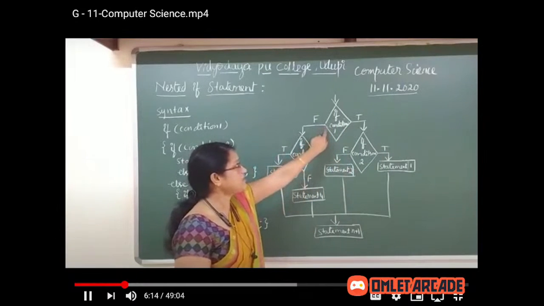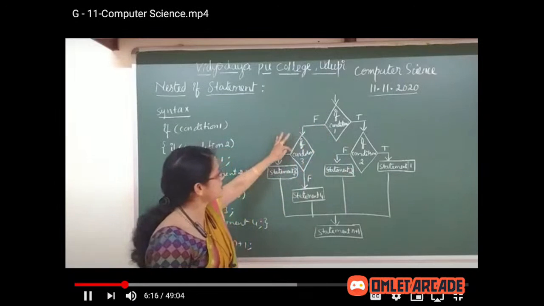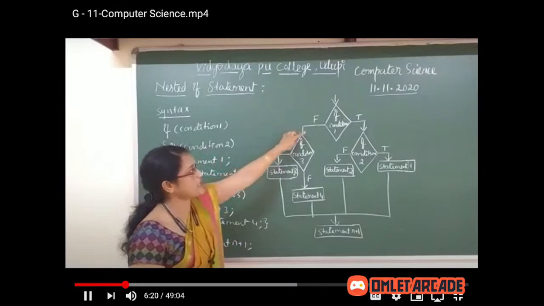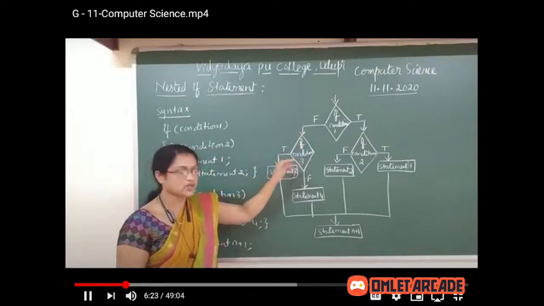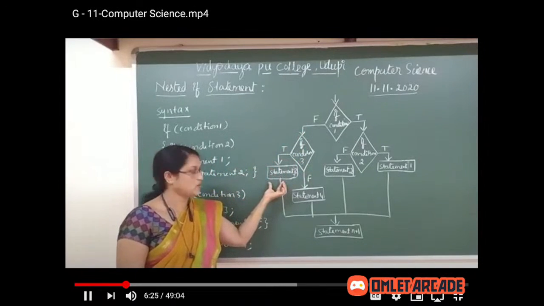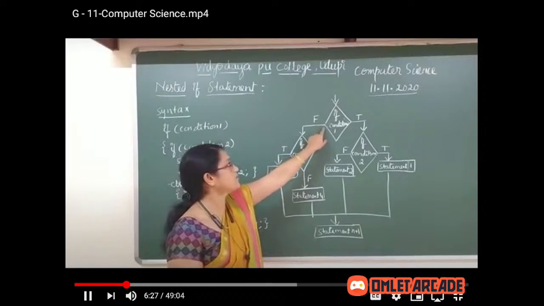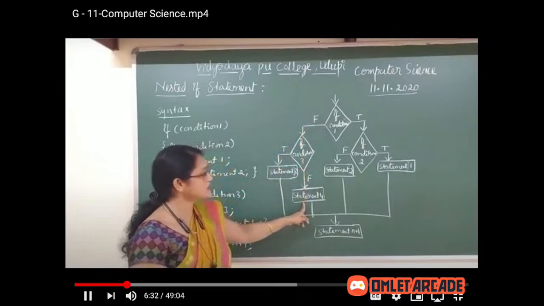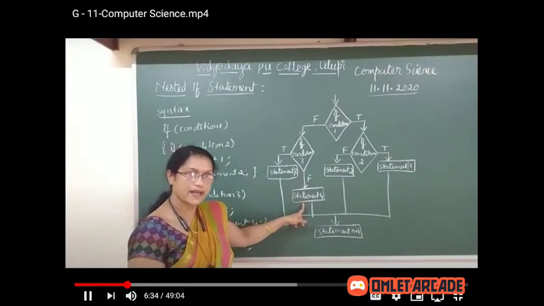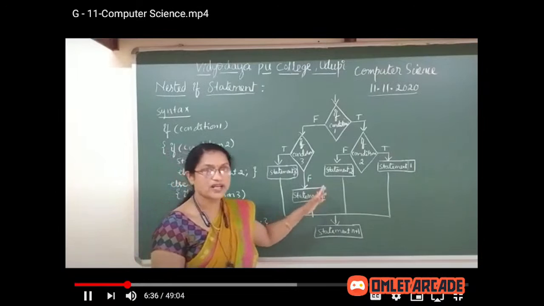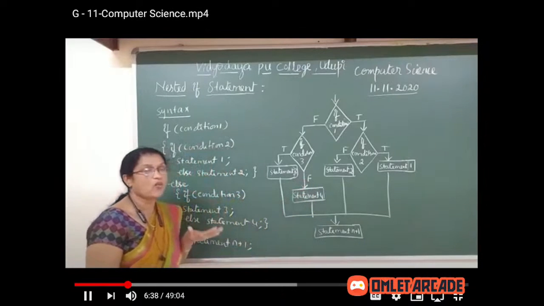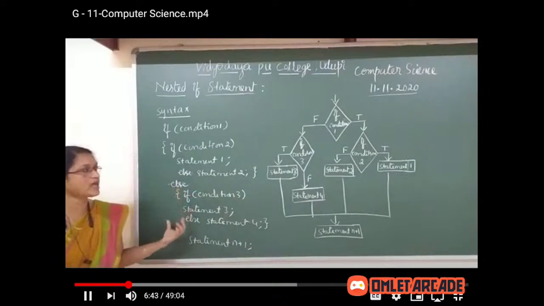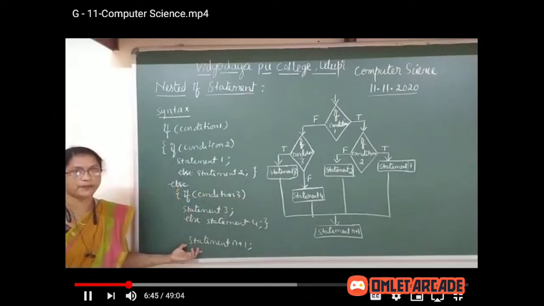And if the first condition is false, then it checks one more condition. If the first condition is false and the third condition is true, then statement 3 is executed. In case the first condition is false and the third condition is also false, then statement 4 is executed. So that is called a nested if statement. One if statement enclosed within another if statement is called a nested if statement.